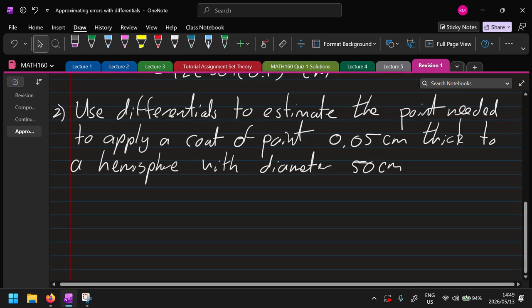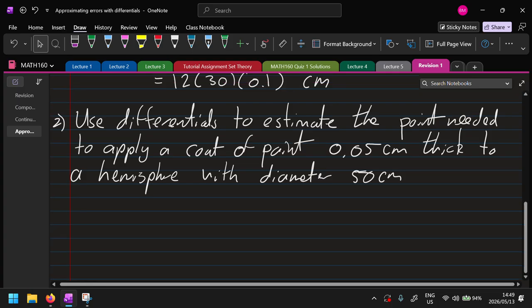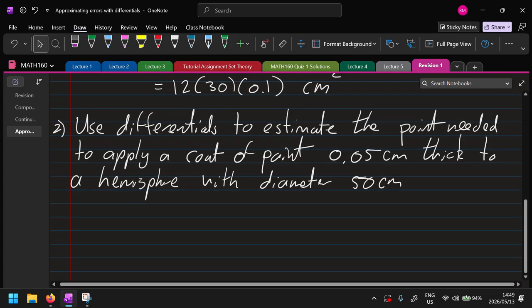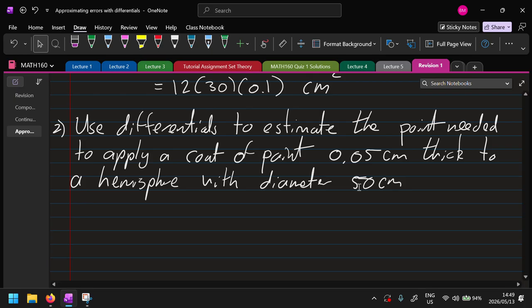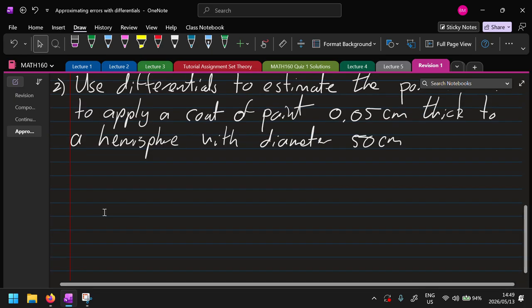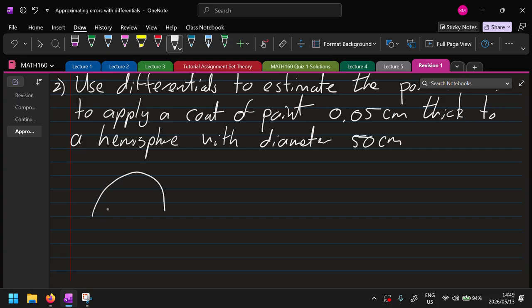Okay. So it's a hemisphere, so half of a sphere. So we want the area of this, okay, times a little thickness. That will give us the amount of paint. All right, so something like this.